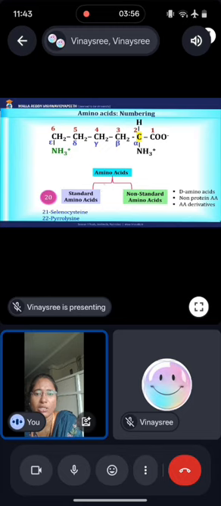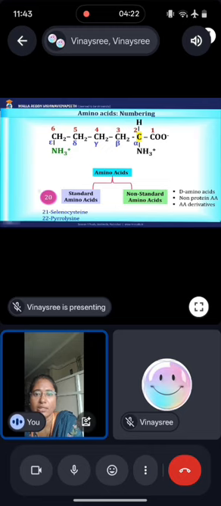Other than these 20, we call them D amino acids, non-protein amino acids, and amino acid derivatives. The derivatives of these 20 we also consider non-standard amino acids. Other than these 20, there are also the 21st and 22nd amino acids, for example selenocysteine, and the 22nd is pyrrolysine.